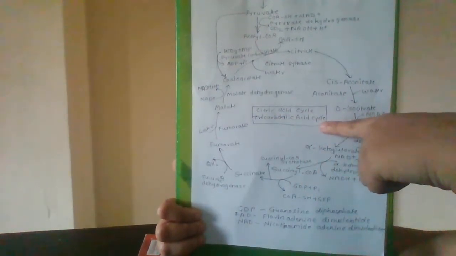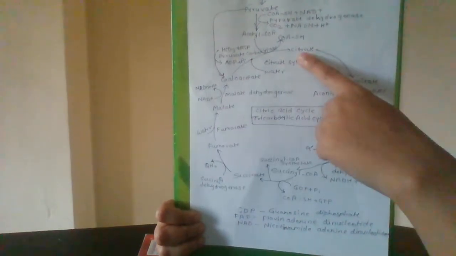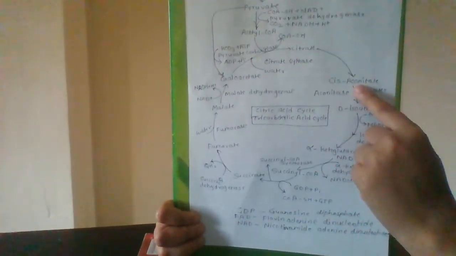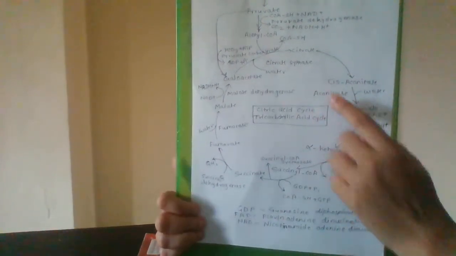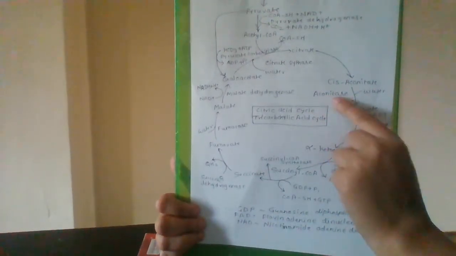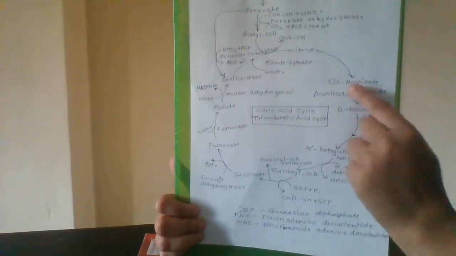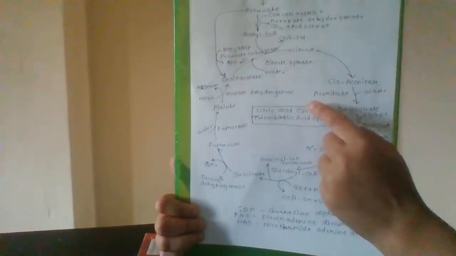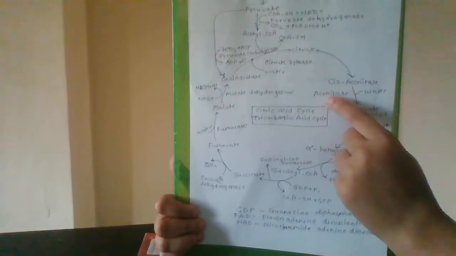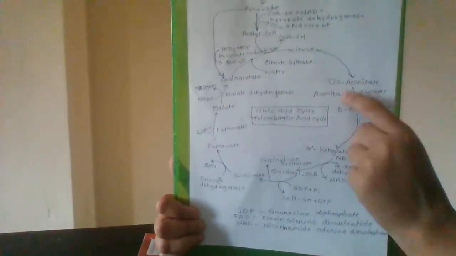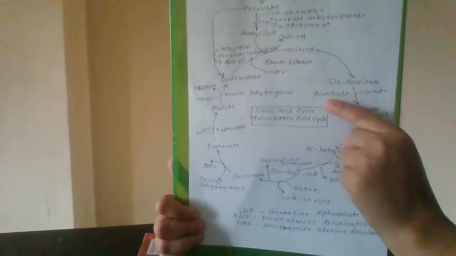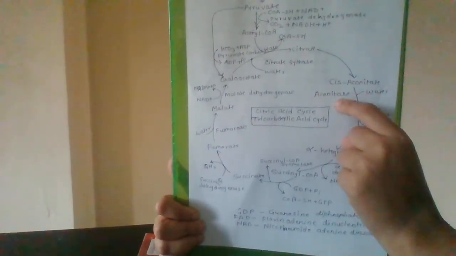In this you have to remember the name of the reactant, the name of the product and the name of the enzyme. You can use one trick to remember the name of the enzyme. See, aconitate: the name of the enzyme is aconitase. What is the name of the reactant? It is much more similar to the name of the enzyme.